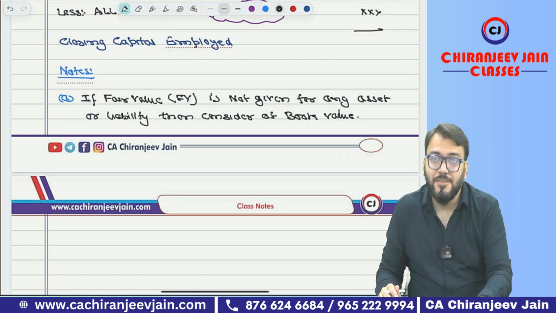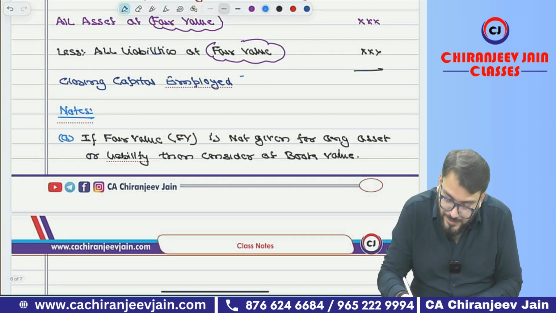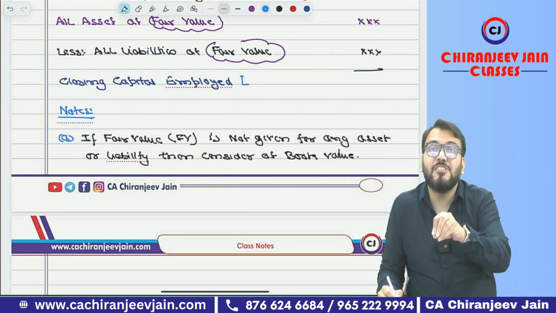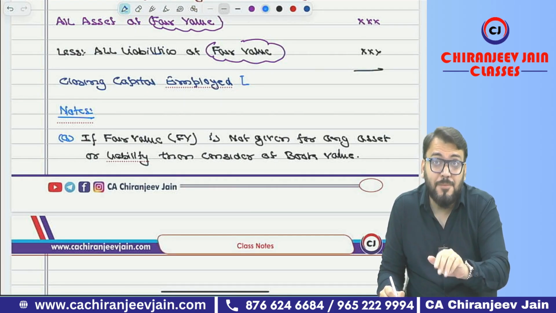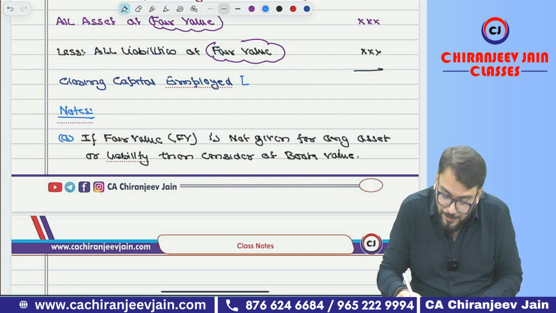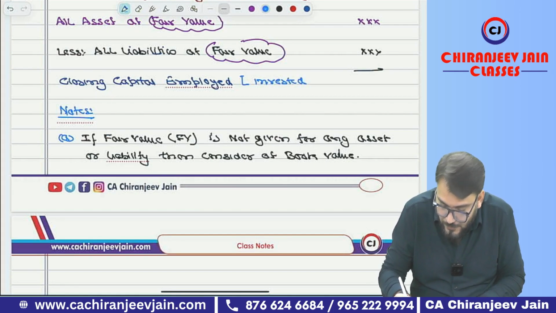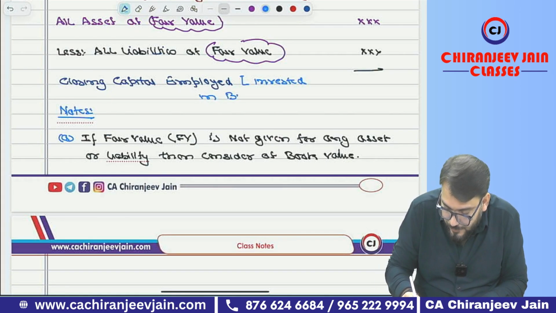Simple. Correct. Now just try to understand, whenever I say closing capital employed, it means the capital which is invested in business. There might be some assets which are not invested in business. Closing capital employed means invested in business.